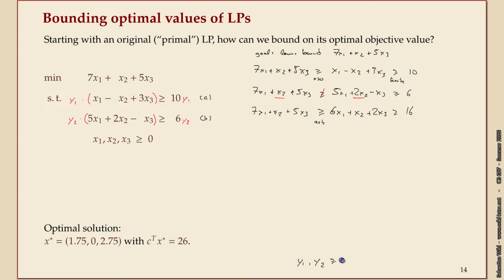Also, to have a useful statement, I cannot make any of the coefficients larger when producing a lower bound. So for x1, I want to make sure that y1 plus 5y2 is below 7.